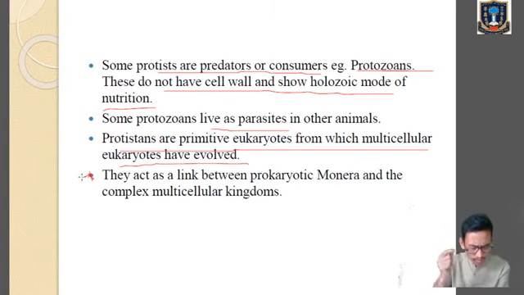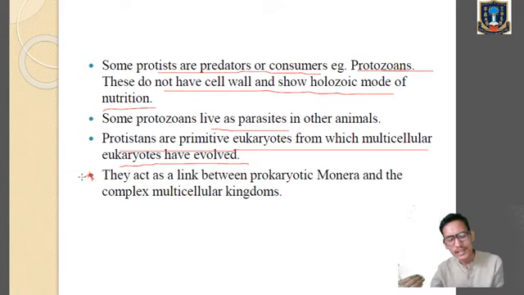Try to recall, in the last class we talked about the phylogenetic relationship of five kingdoms, where we discussed that the kingdom Monera gave rise to kingdom Protista. Kingdom Monera used to be unicellular prokaryotes. Then they gave rise to unicellular eukaryotes, which is kingdom Protista. From the kingdom Protista, kingdom Fungi came into existence, then kingdom Animalia and kingdom Plantae.